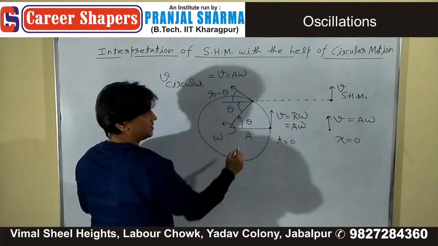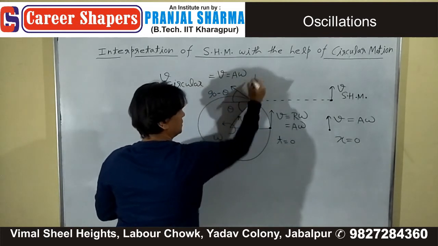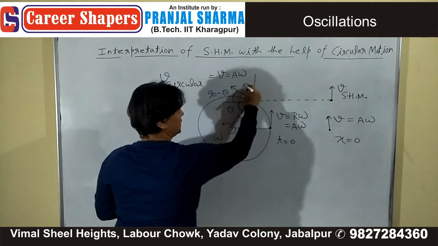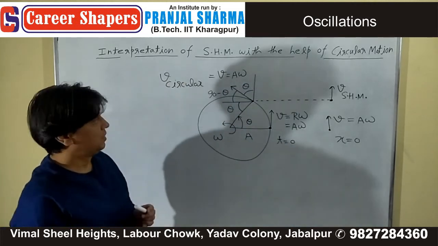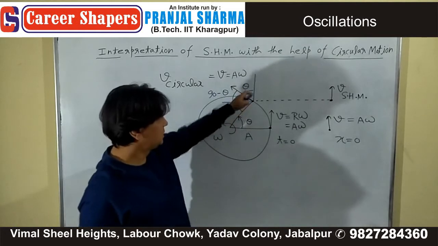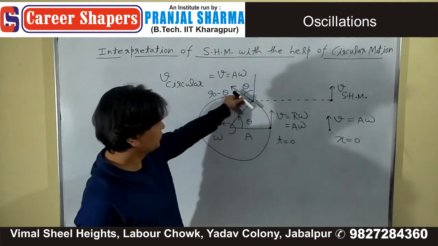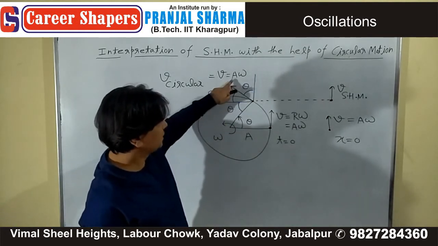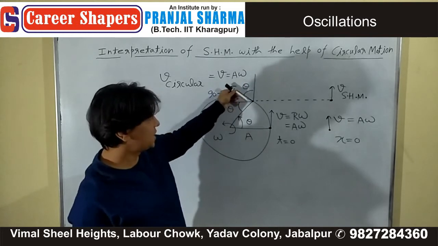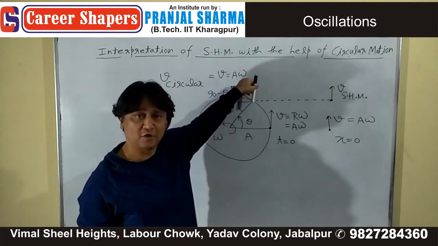Radius and tangent, which means this angle is theta. If this angle is theta, then what is this velocity? A omega. If this is A omega, then what is this component of A omega?